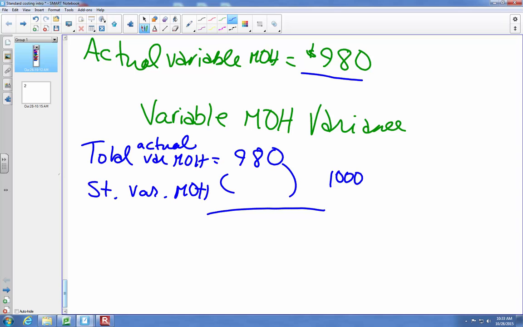What's my rate per hour? No, for overhead, manufacturing overhead. $2. And how many hours am I assigning to each crate? That's it. So my standard variable manufacturing overhead was $1,000. And boy, that looks like it makes sense because it's real close to 980.